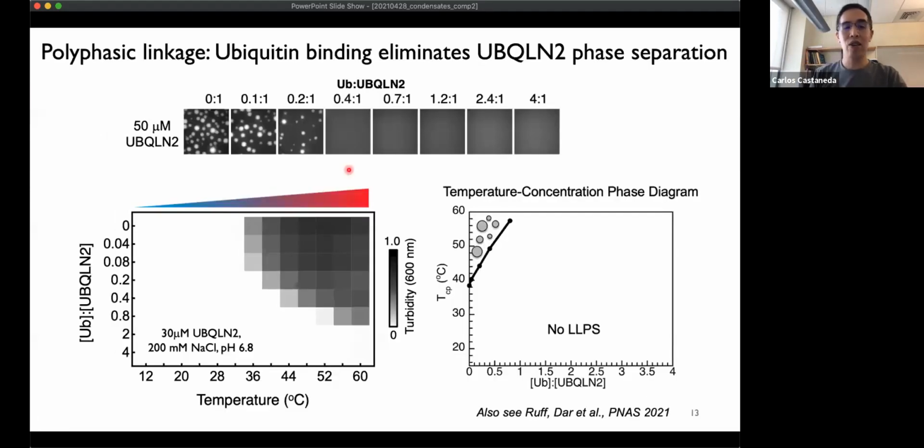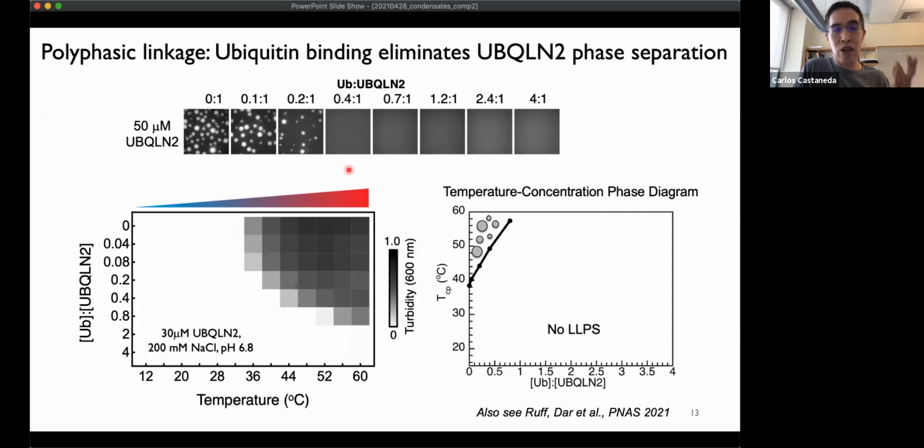Okay, so this is actually known as polyphasic linkage. This is a concept that has been popularized a lot by Wyman and Gill, starting from a paper back in the 1980s. What this linkage idea is, is that a ligand is going to affect the phase transitions of a protein, right?